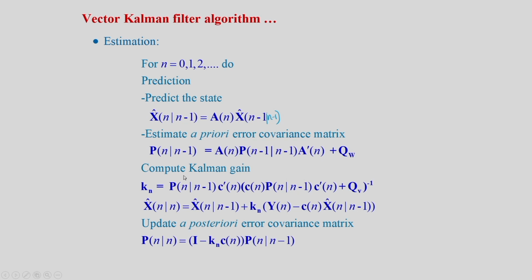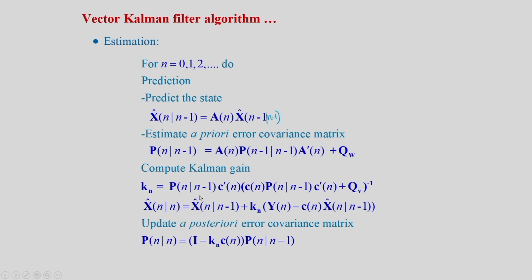So, this is the expression for Kalman gain. Now, once we have the Kalman gain, we can now update this state, that is x hat n given n is equal to x hat n given n minus 1, which we have obtained here, and then Kn times the prediction error Yn minus Cn into x hat n given n minus 1. This is the innovation or the prediction error.